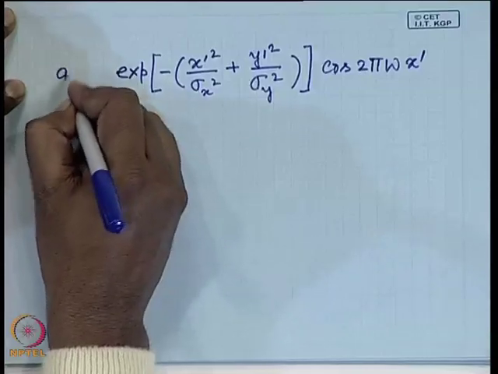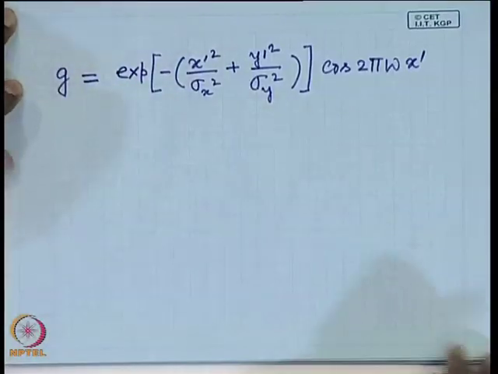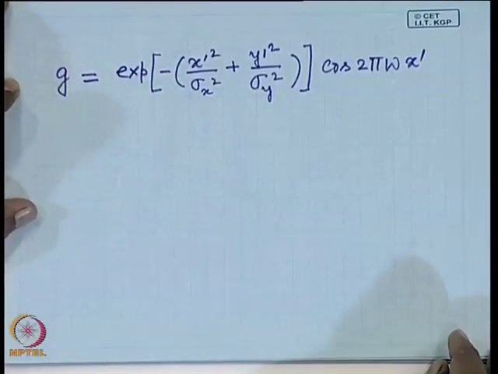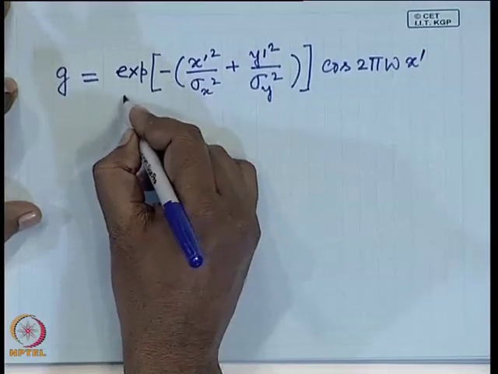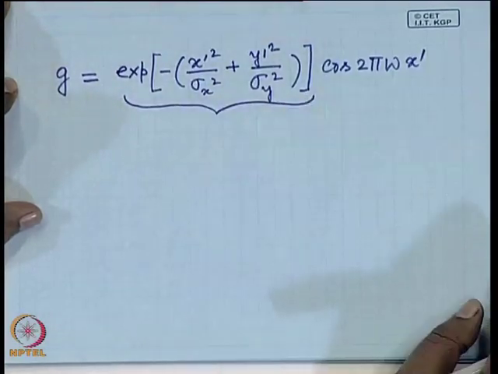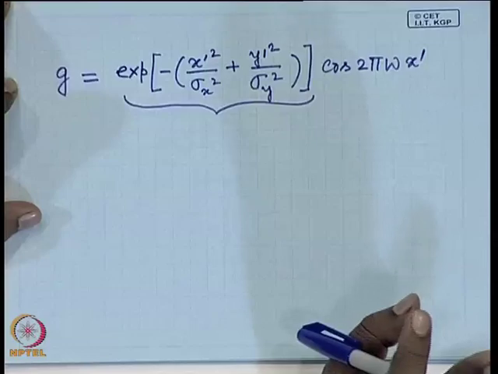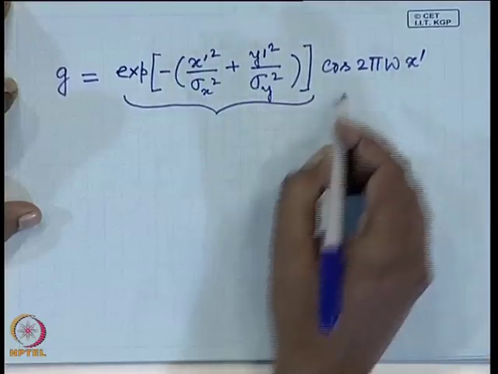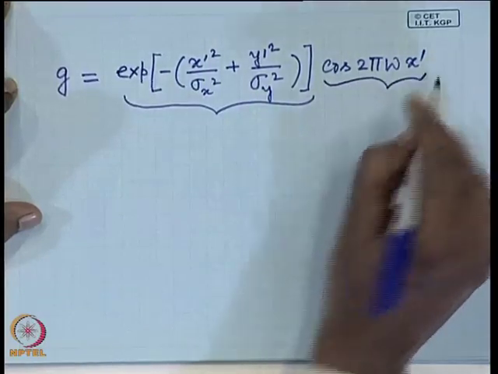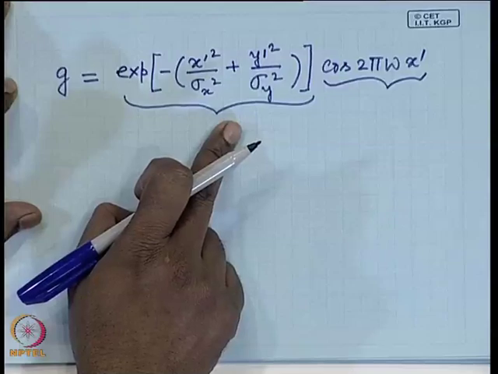This is my expression of the Gabor filter. Here you find that this term is nothing but a Gaussian envelope in 2 dimensions, centered at 0, and this is a cosine term which modulates this Gaussian envelope.